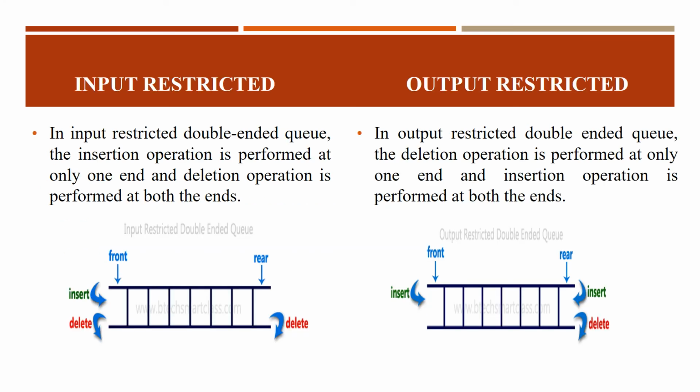In input restricted DQ, the insertion operation is performed only at the front end and the deletion operation is performed at both front and rear ends. In output restricted DQ, the deletion operation is performed only at the rear end and the insertion operation is performed at both front and rear ends.